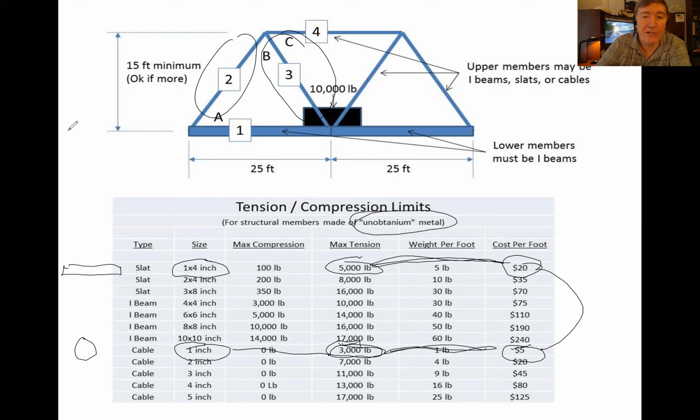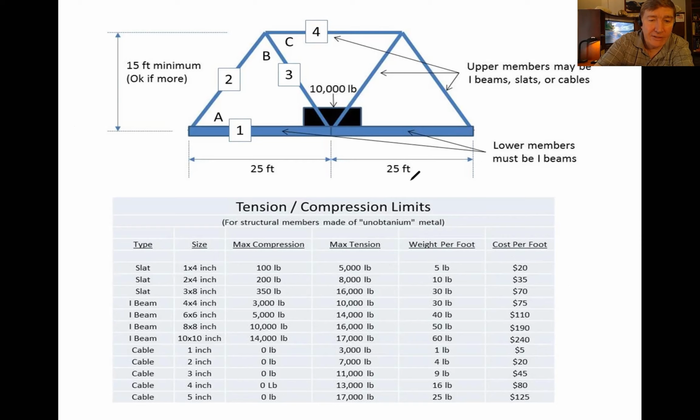So for member number 2, we can decide, well, slats do withstand some compression, but not very well. Compare a slat with an I-beam. If we've got a 1 by 4 inch slat, it can withstand 100 pounds of compression, whereas a 4 by 4 I-beam can withstand 3,000. So there's like no comparison there, right?